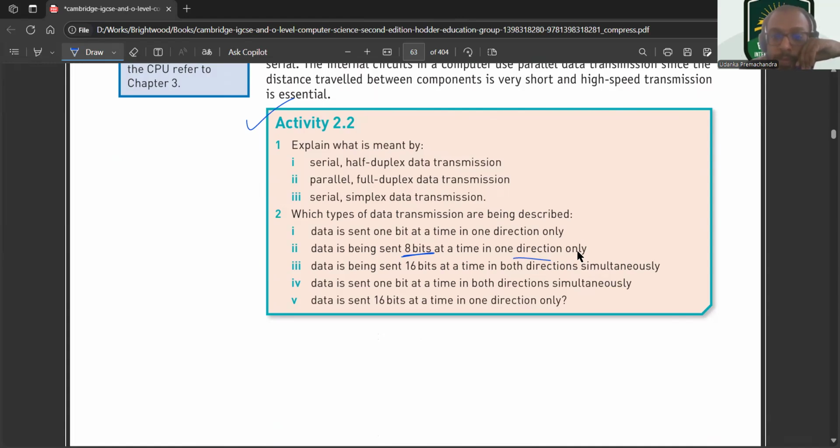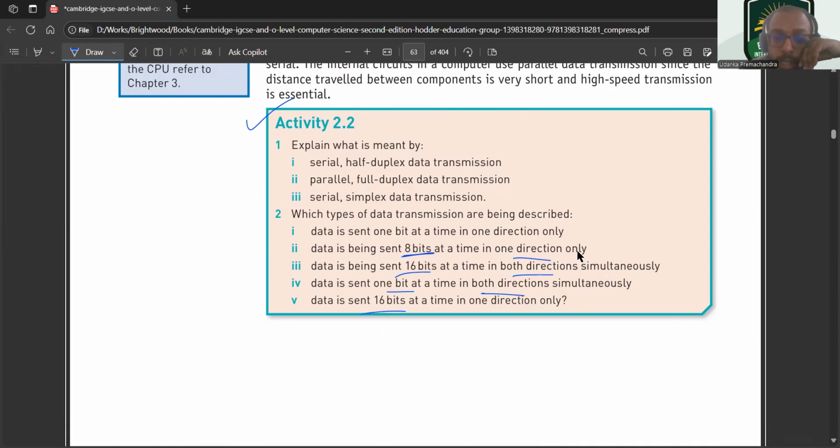Here 16 bits at one time is parallel, both directional simultaneously, so parallel fully duplex. One bit at a time is serial, both directional simultaneously, so serial fully duplex.